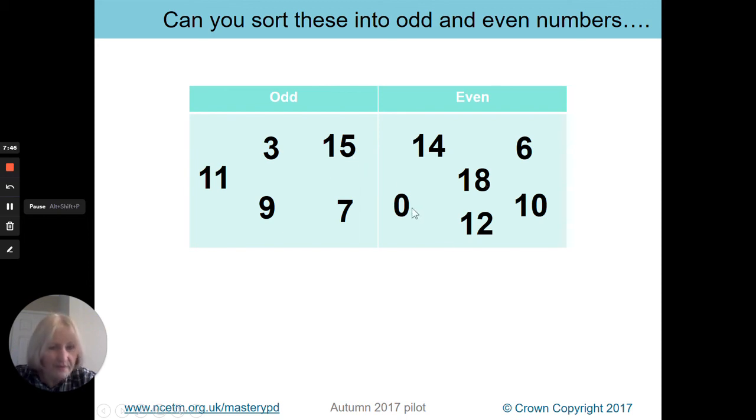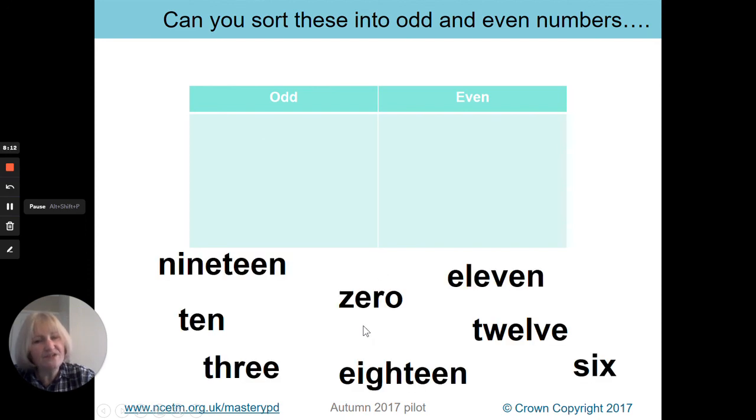The even numbers, we know about 0, we know about 10, we know about 6. But number 12, the last digit is a 2. So number 12 is even. Number 18, the last digit's 8. So number 18 is even. And 14, the last digit is a 4. That makes 14 even.